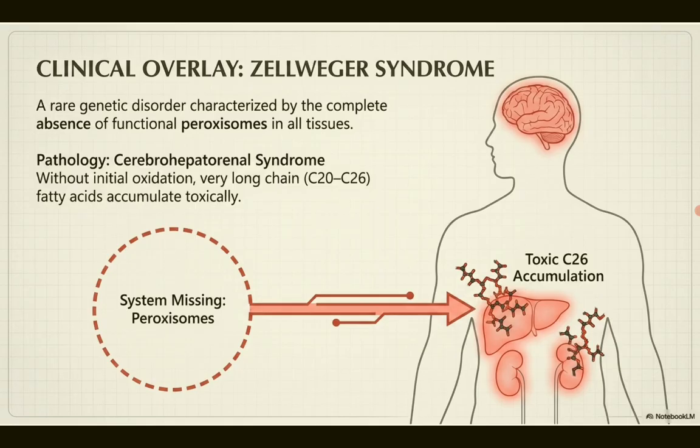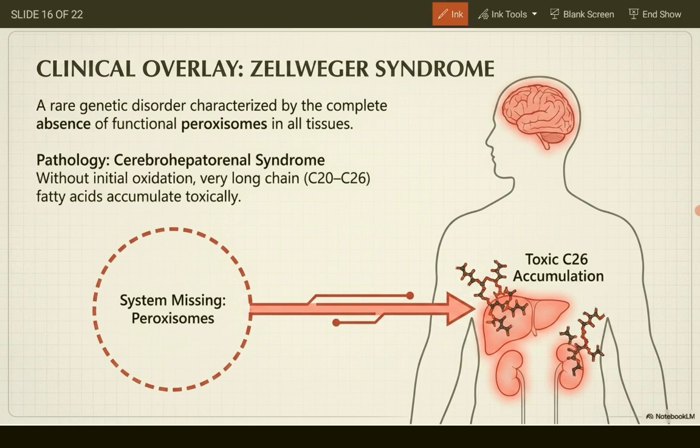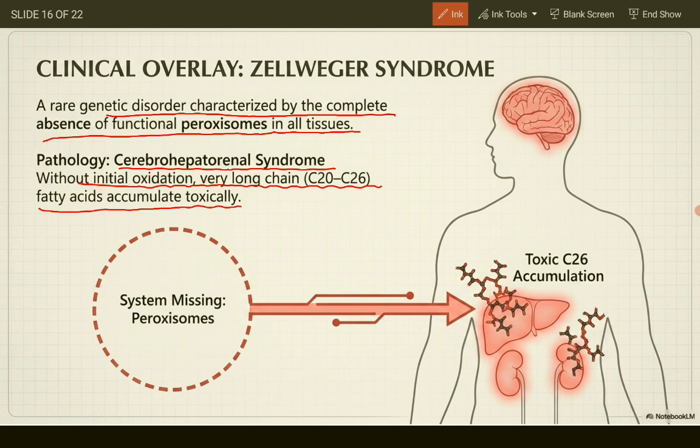Now Zellweger syndrome. Let's see what that is. A rare genetic disorder characterized by the complete absence of functional peroxisomes in all tissues. Cerebrohepatorenal syndrome, without any initial oxidation, very long chain C20 to C26 fatty acids are accumulated toxically.